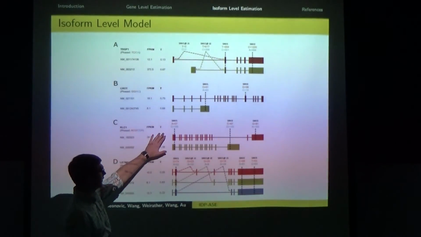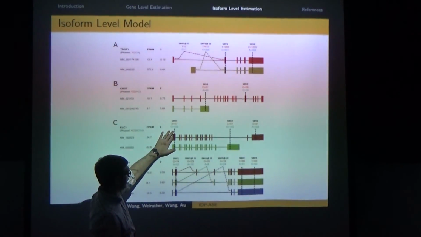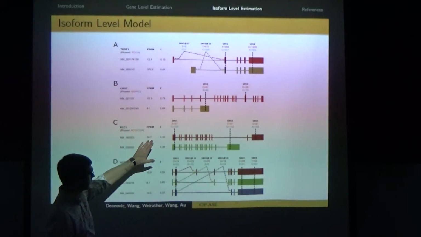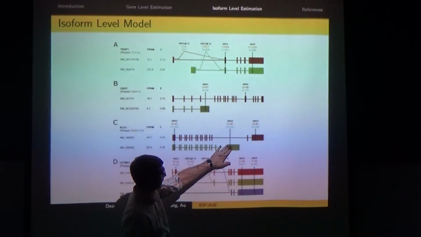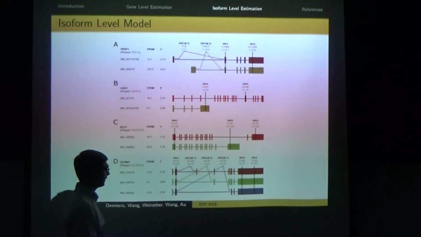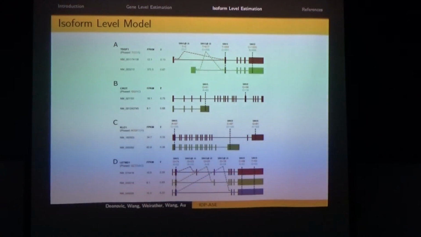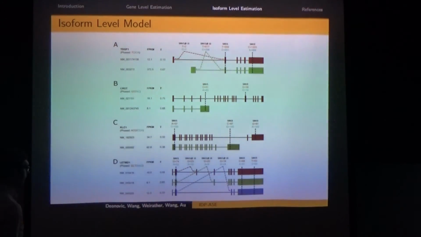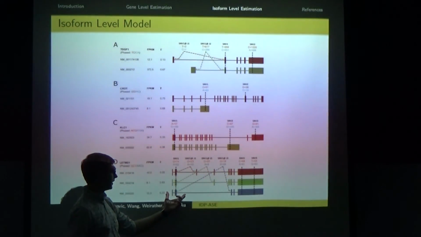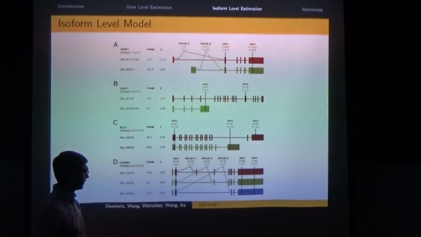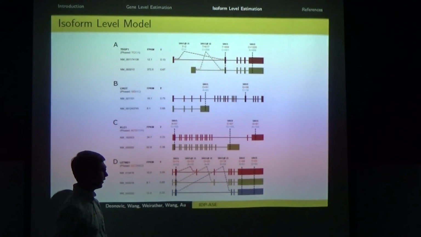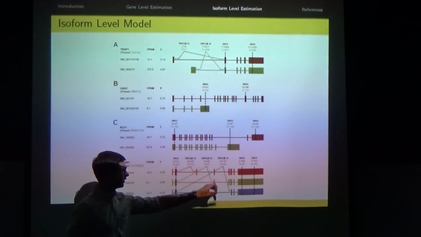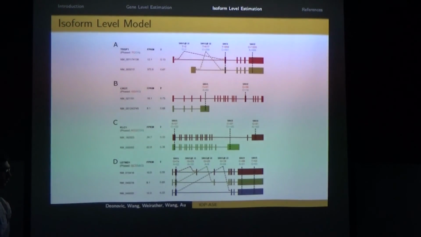Here we have a variant that's shared, one that's only on this isoform and one that's on the other one. And finally, again, these variants here can be distinguished and correspondingly their isoform level ASE can be corroborated by reads that map to junction regions.